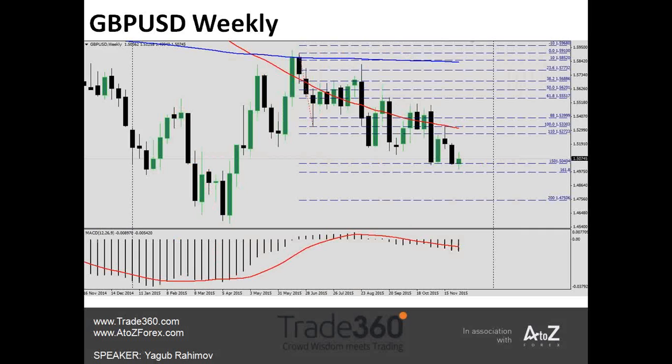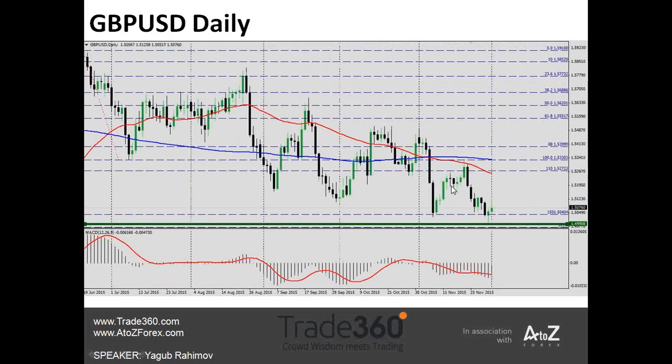Back to other currency pairs, and now I'm going to go through the pound-dollar, the cable. I've drawn the Fibonacci retracement zone for the perfect Fibonacci wave of the May-June levels, and you can see that the pair is right on the 150% Fibonacci retracement zone at the moment, which is at the 1.5040 zone.